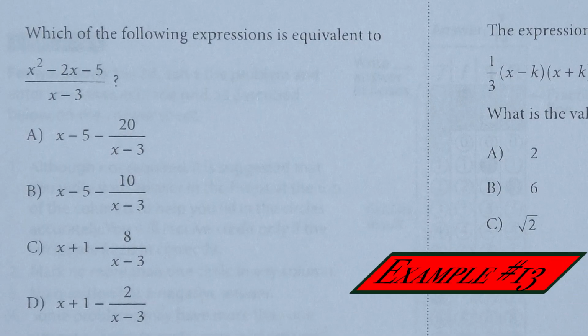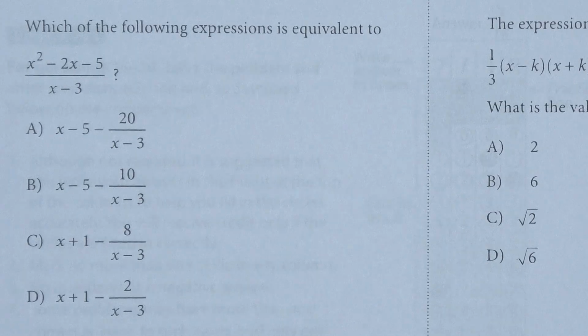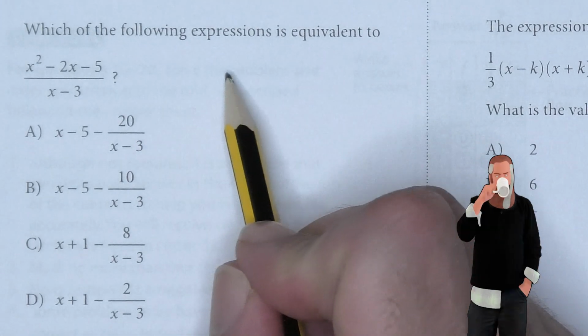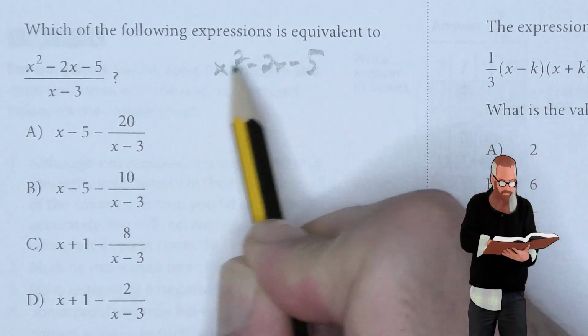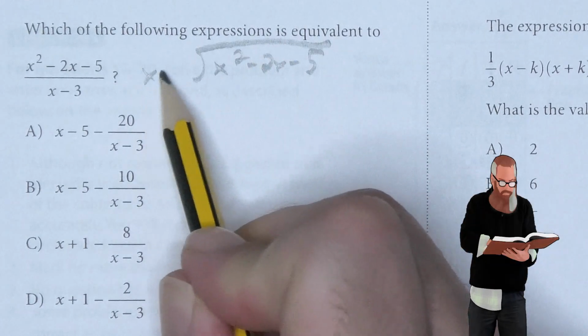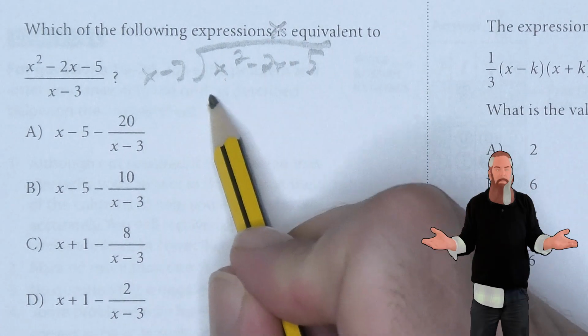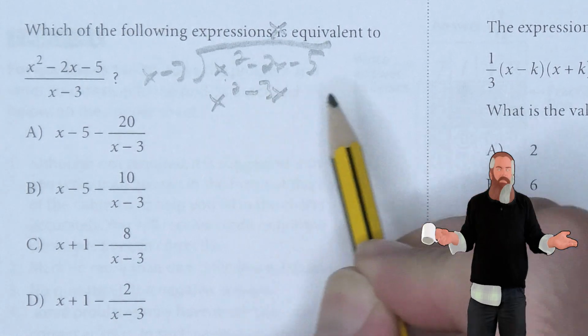Which of the following expressions is equivalent to (x squared minus 2x minus 5) all divided by (x minus 3)? So here we're going to wind up doing a little bit of long division. So we're going to take x squared minus 2x minus 5 and divide that by x minus 3. Now, x times x will give us the x squared, and x times negative 3, a negative 3x.